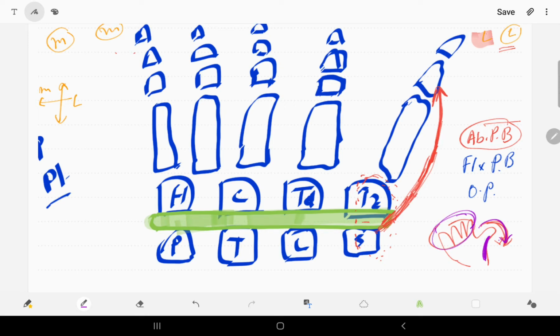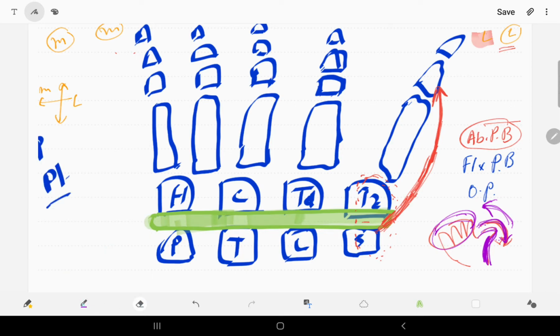And if you are bringing your thumb toward the digits, that is adduction. In this case, this is abduction, where you are moving your thumb away from other digits. So the outermost muscle obviously helps in abduction.